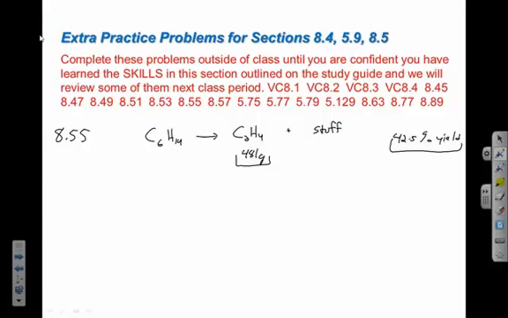So if we have a 42.5% yield, we know the formula for percent yield: actual over theoretical times 100. In this case, the percent yield is 42.5%.